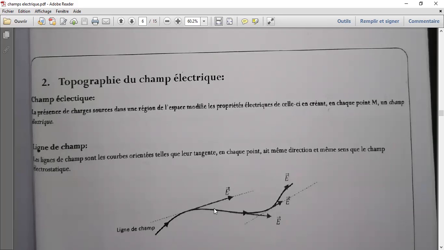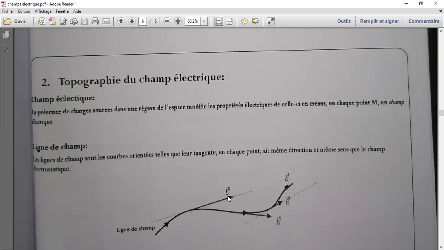So here it's just a phenomenon, some definitions and facts which you have to know. When you have a curve which is called ligne du champ, each tangent is in the same direction as the champ electrostatic, which is this one.